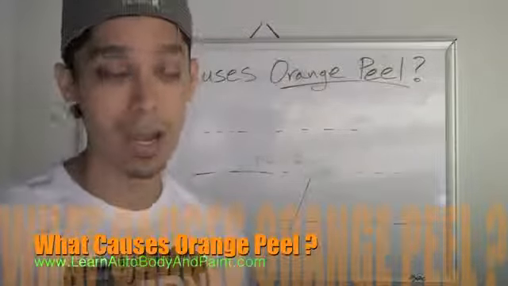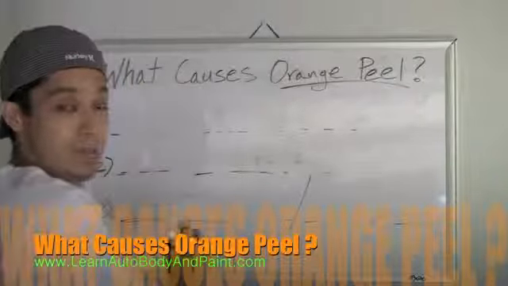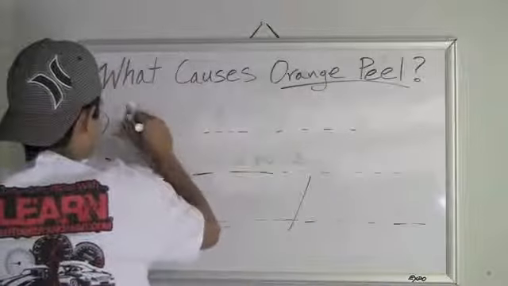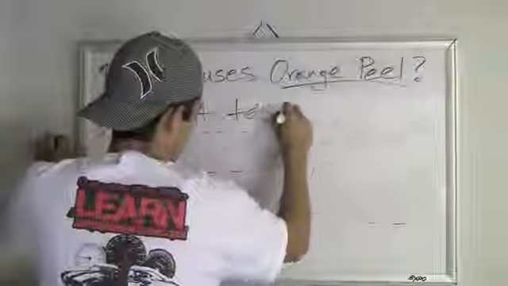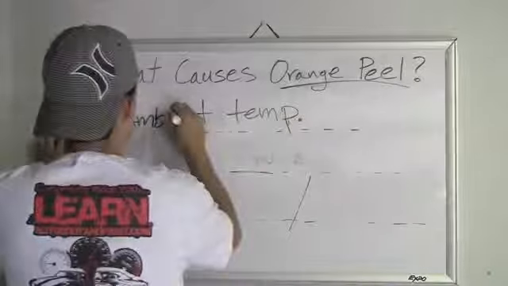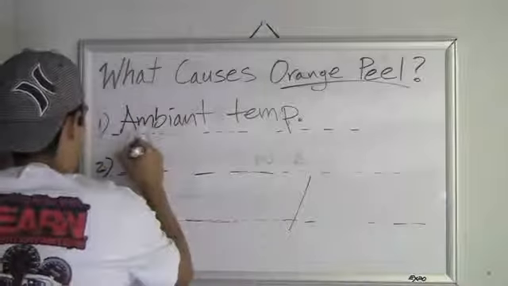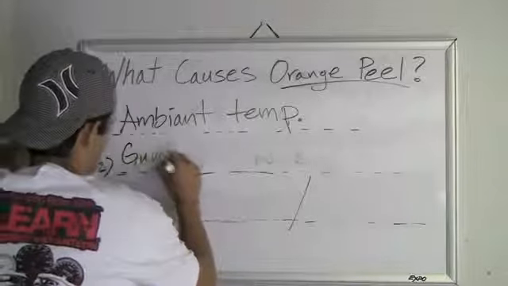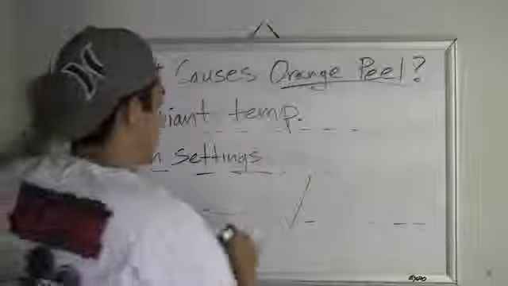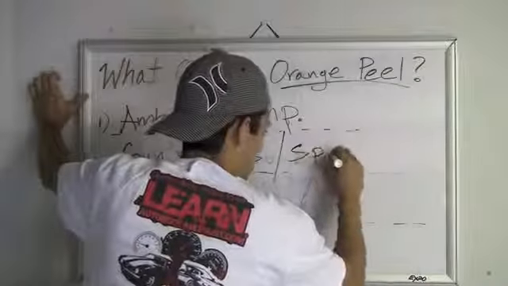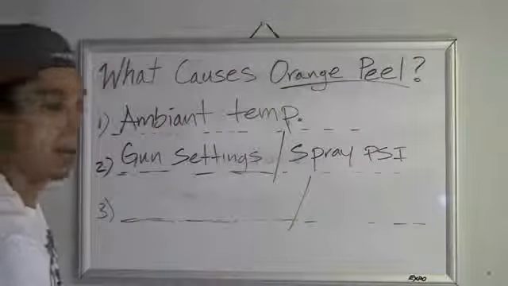The first reason why you might have had orange peel is ambient temperature. I'll explain these in detail after I write them down. Ambient temperature, that's the first reason. Your second reason is your gun settings and your spray PSI.